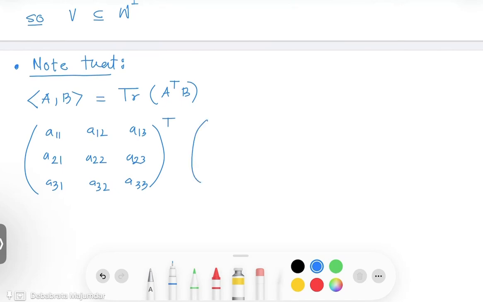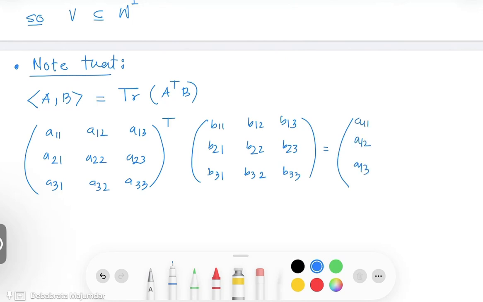So the transpose of B, which has entries B11, B12, B13, B21, B22, B23, B31, B32, and B33. So basically, this will be A11, A12, A13, A21, A22, A23.